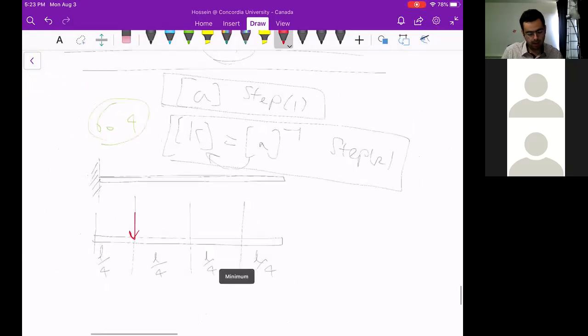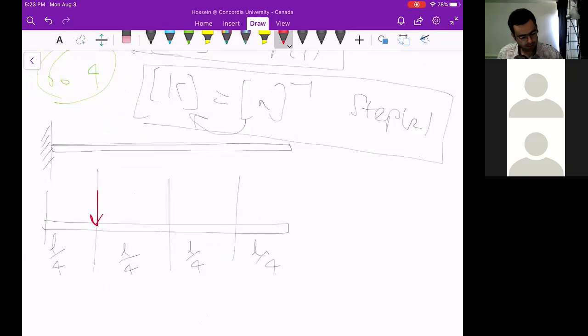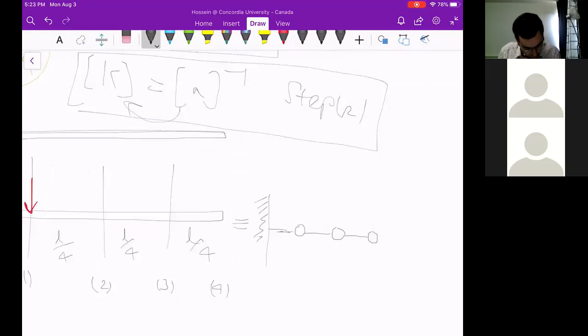This is a continuous mass, so for the sake of simplicity, it is given to us just for sections 1, 2, 3, 4. So you can imagine we have a system of discrete lumped masses like this, M1, M2, M3, and M4.